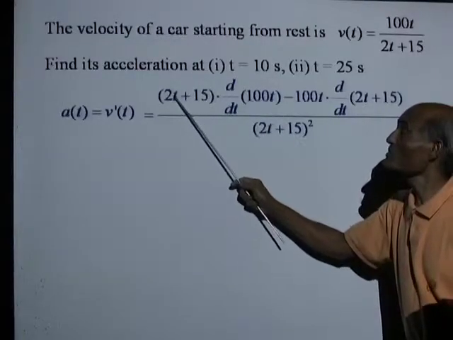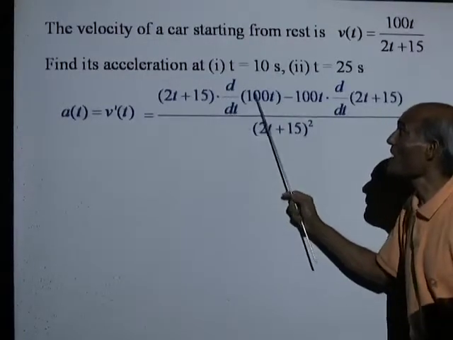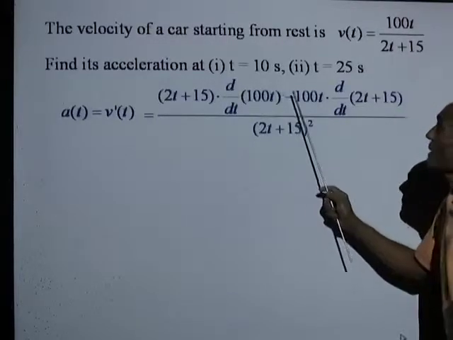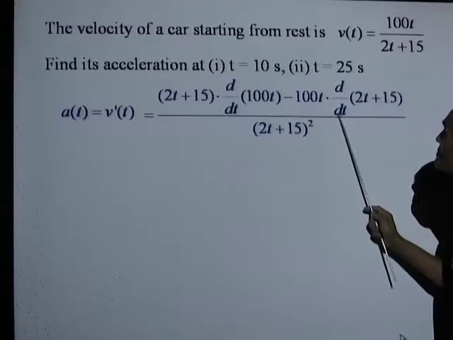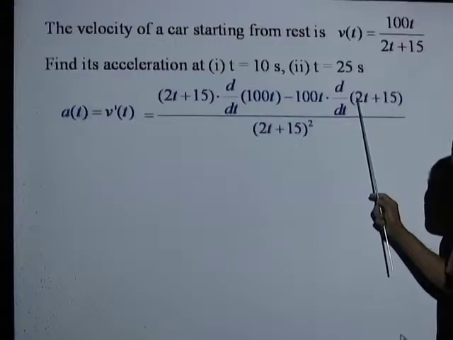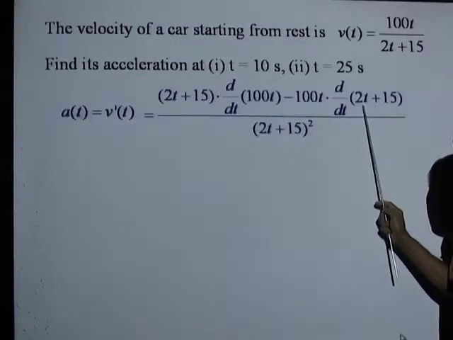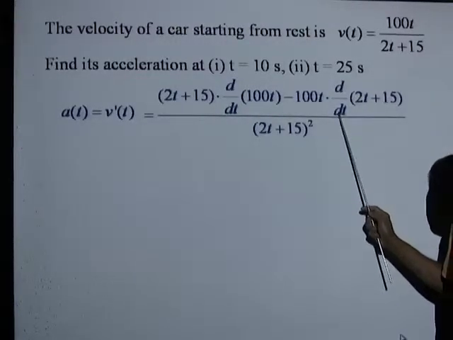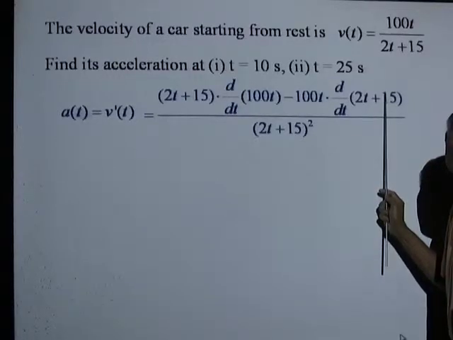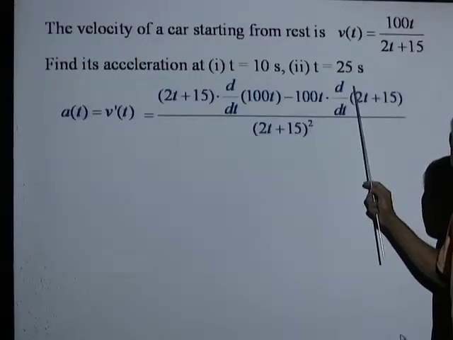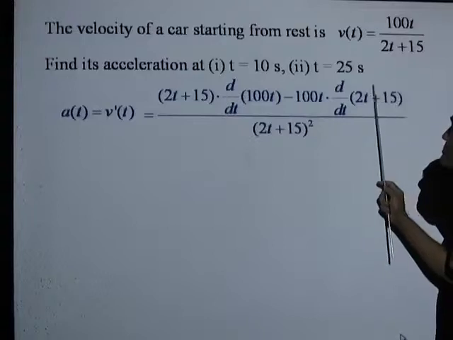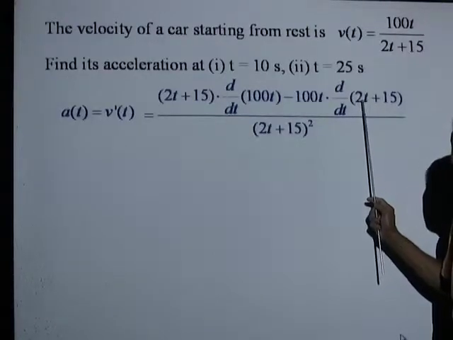So that will be (2t plus 15) times 100 minus, what is the derivative of 2t plus 15? The derivative of 2t with respect to t is 2, and the derivative of 15 is 0, so the derivative of 2t plus 15 is simply 2.